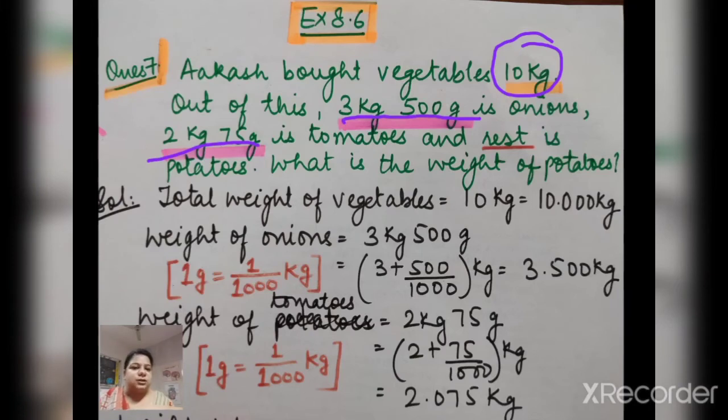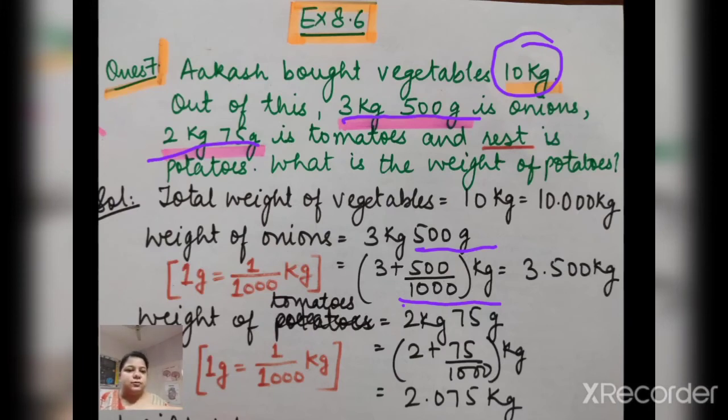Next, weight of onions 3 kilograms, 500 grams. You already know that 1 gram is 1/1000 kilogram. To convert 500 grams into kilograms, we will divide it by 1000. So 3 was already in kilograms, so it will become 3.500 kilograms, and I hope till now you know how to convert.